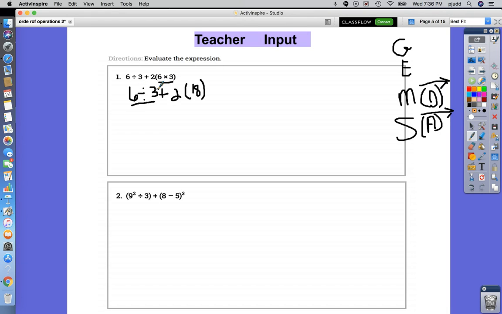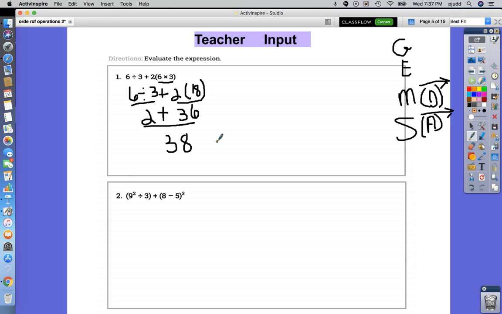I'm going to divide, and 6 divided by 3 is 2. Bring down my addition, and now I can multiply 2 times 18. Well, 2 times 18 is 36. So I've done my multiplication and division, and subtraction or addition. Well, there's no subtraction, and the only step I have left is to add. 2 plus 36 is 38.